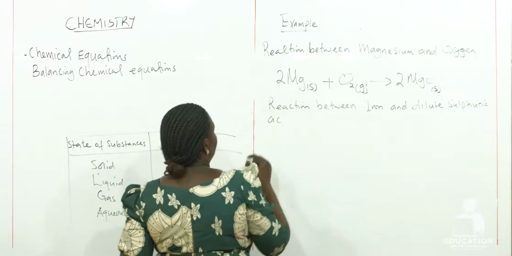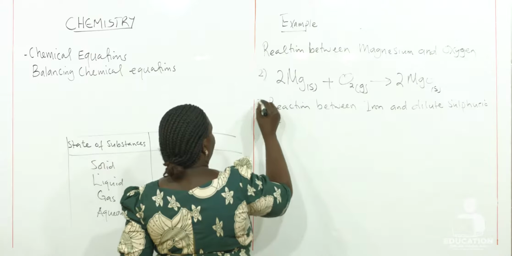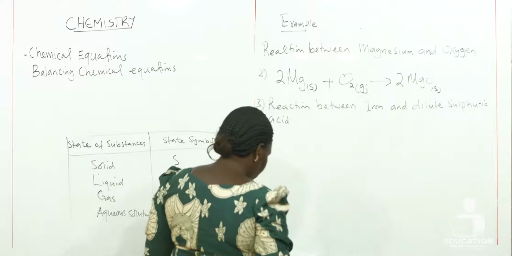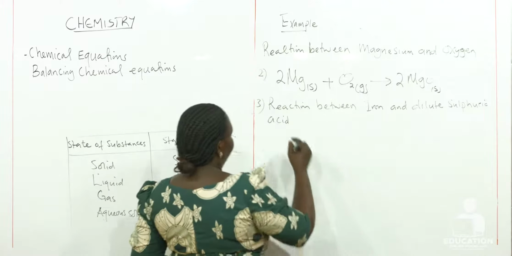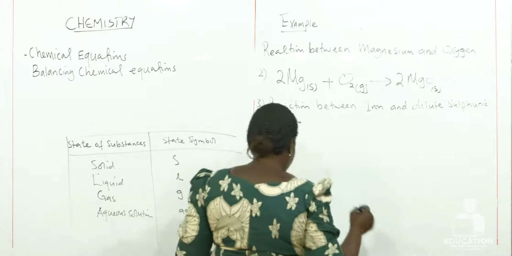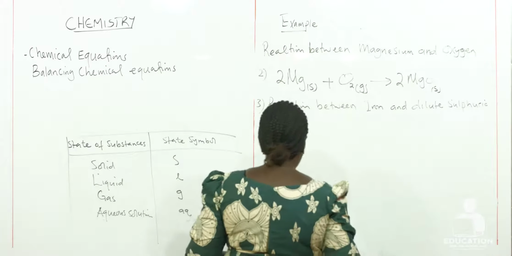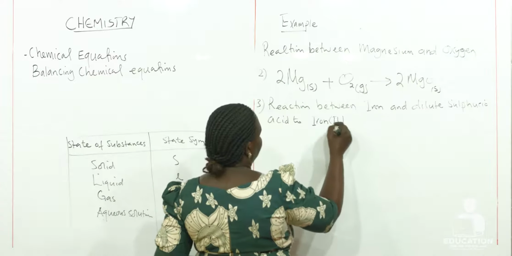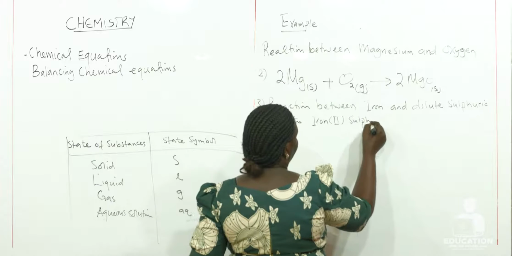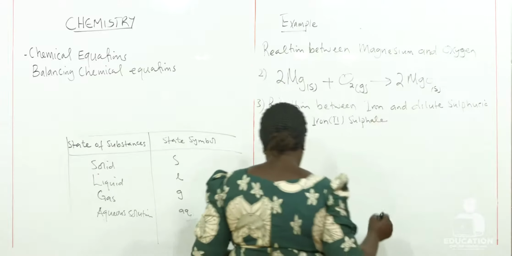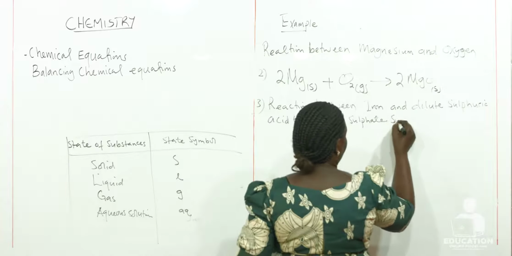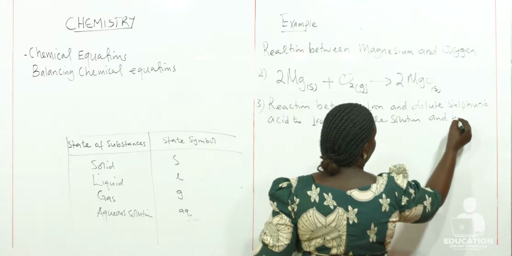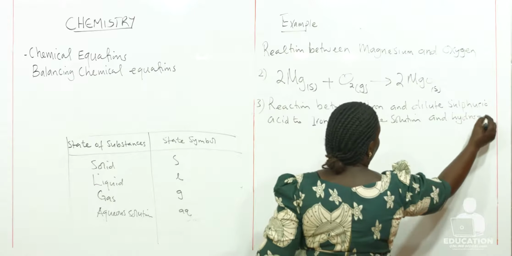Reaction between iron and dilute sulfuric acid to give iron 2 sulfate and hydrogen gas.